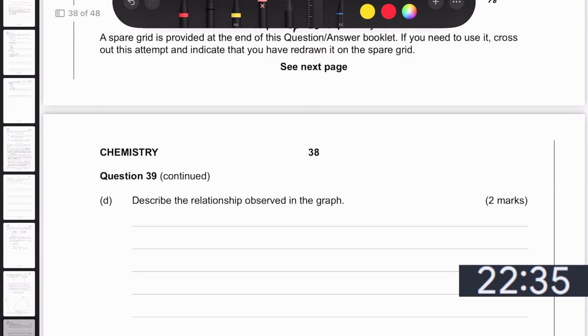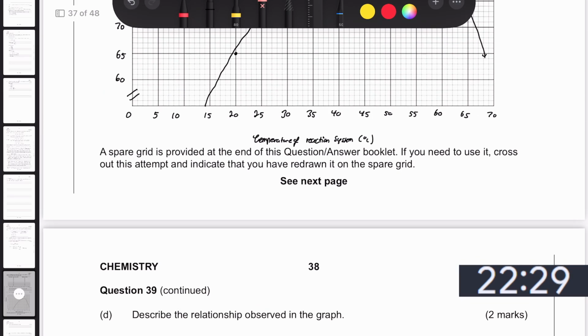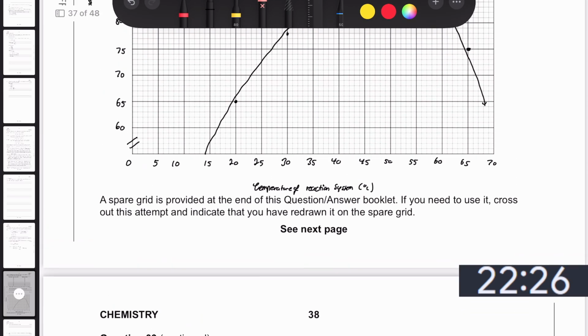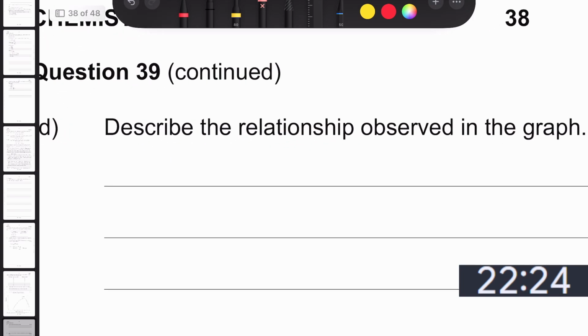So then describe the relationship observed in the graph. Parabolic relationship. Oh, what would you call this relationship? Is it just non-linear?